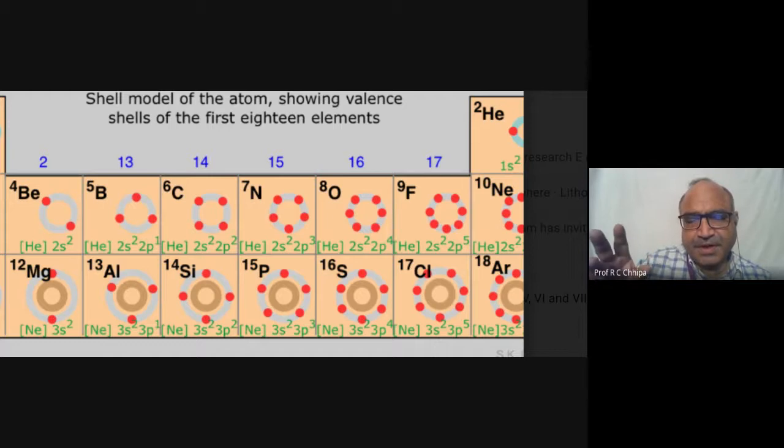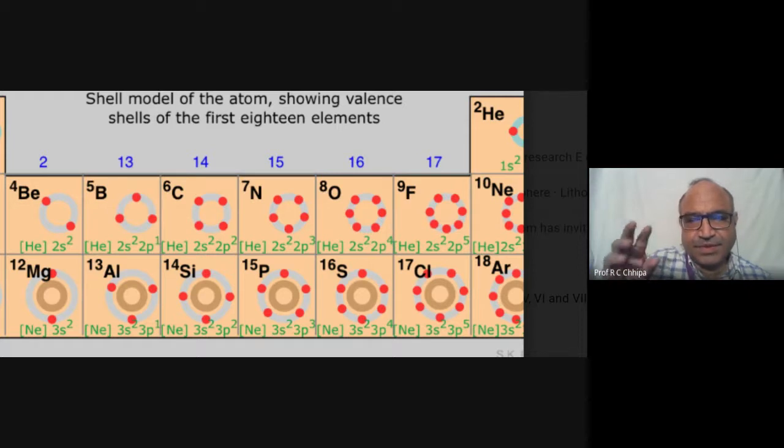Carbon forms CH4. Why is CH4 formed? In case of boron, diborane B2H6 is formed from BH3. Why is that particular diborane formed? And in case of fluorine, why does it take one electron?